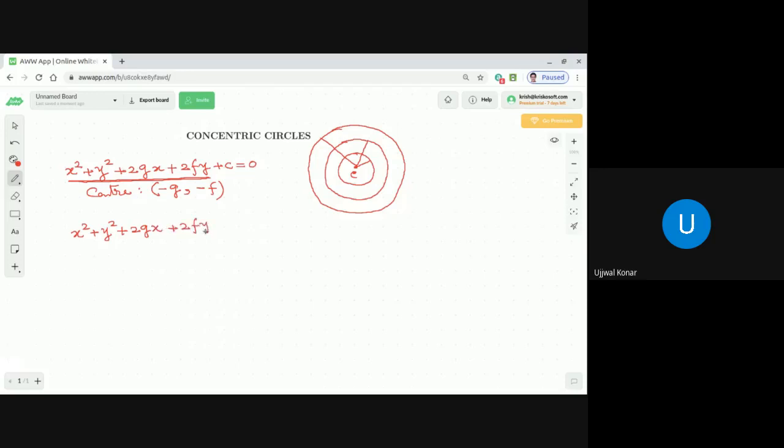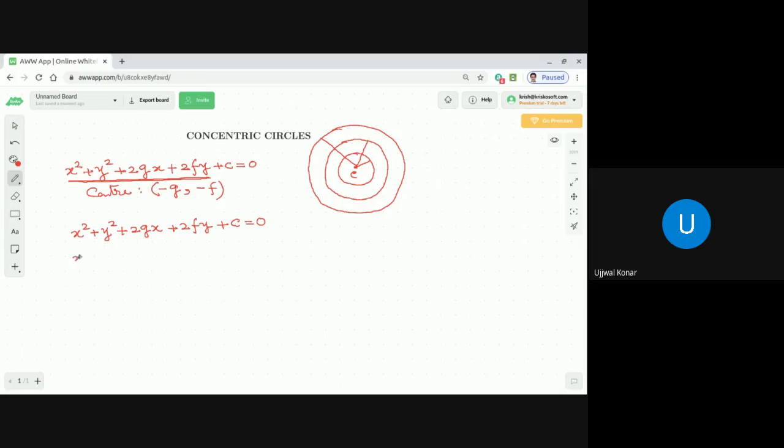The moment I complete writing this, it says that yes sir, you are writing the equation of a circle, and so far whatever you wrote, with this I can say the center of the circle is at the point minus g comma minus f. After that I add one constant called c, that is equal to 0.